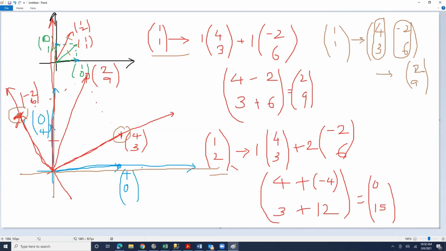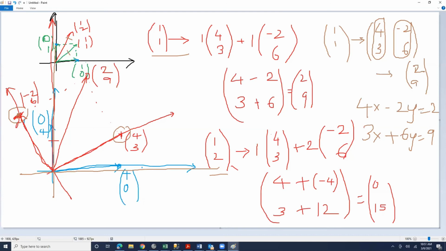Now this is what is really happening when we say 4x minus 2y equal to 2 and 3x plus 6y equal to 9. I'm taking the point 1, 1.